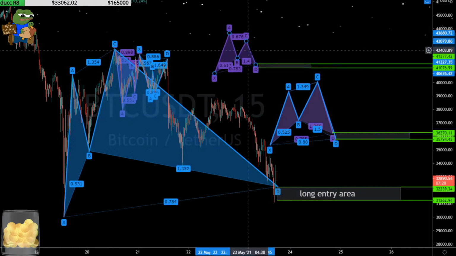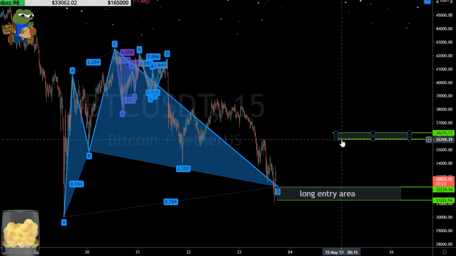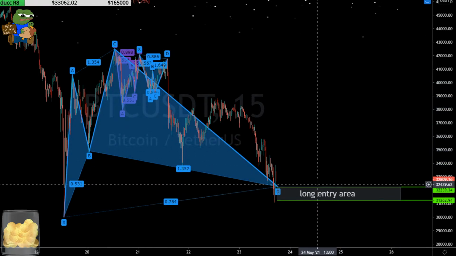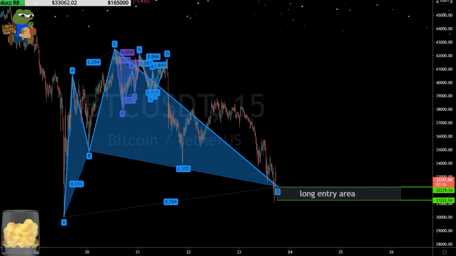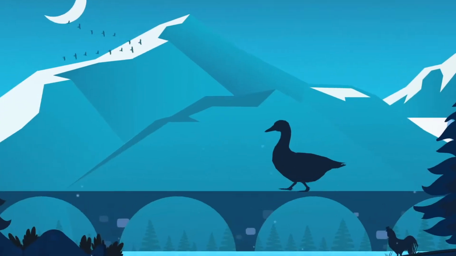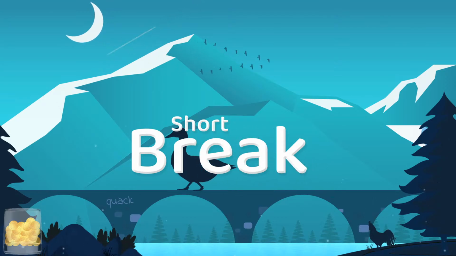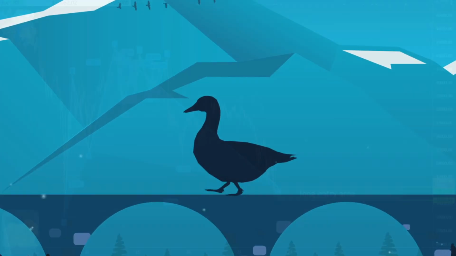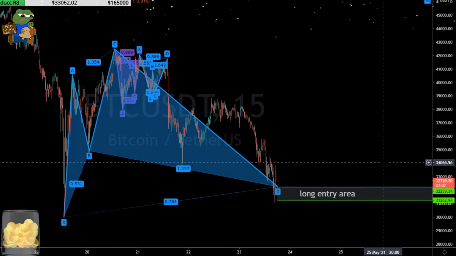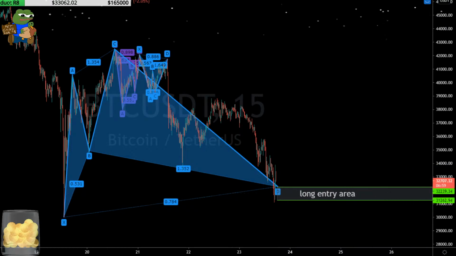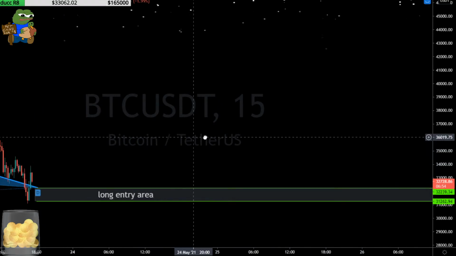So let's clean it up. Basically, it just paints this zone, an area of interest where we definitely want to see a bounce.